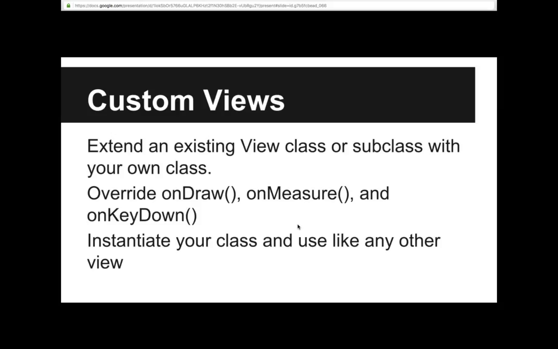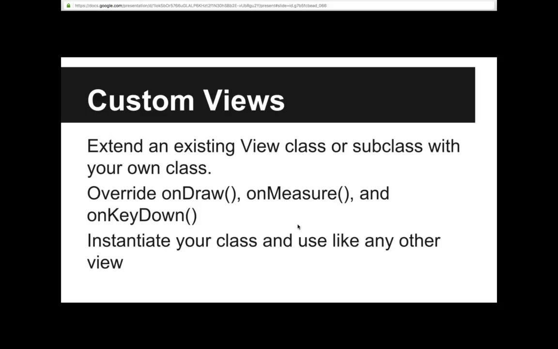Now the custom views, if you guys want to do your own custom view for whatever reason, maybe you want to implement some kind of graphing, you know, having graphs and rectangles and pie charts and that sort of thing, you can use a custom view. Or if you want to display some really cool graphics and then animate that by having them slide in and that sort of thing, you can use custom views.